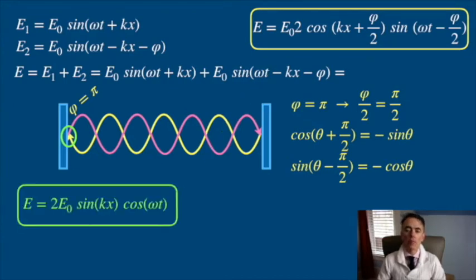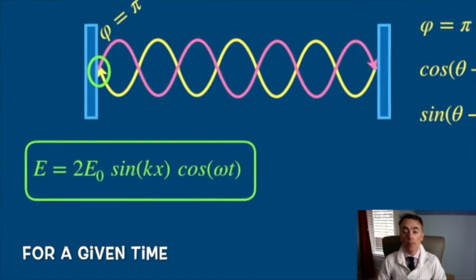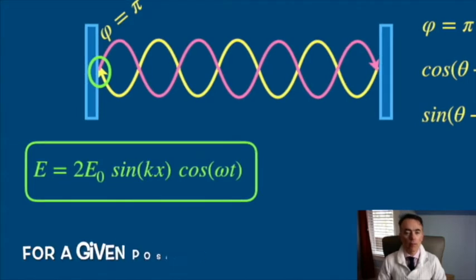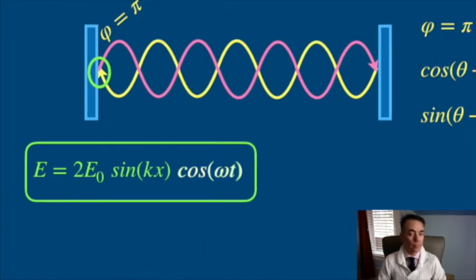The relation of the phase in both the cosine and the sine in this equation is not actually dependent on what the actual phase shift is, so long as the amplitudes are the same. Look that for a given time t, the amplitude of the E field along the x-axis is a sine wave. For a given position, the amplitude of the E field oscillates as a cosine wave.